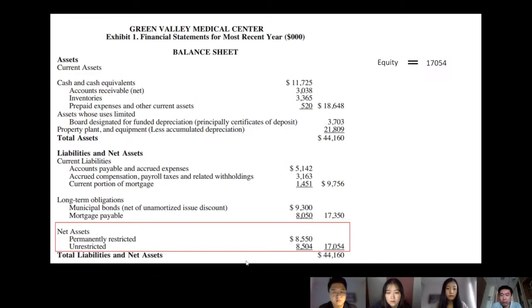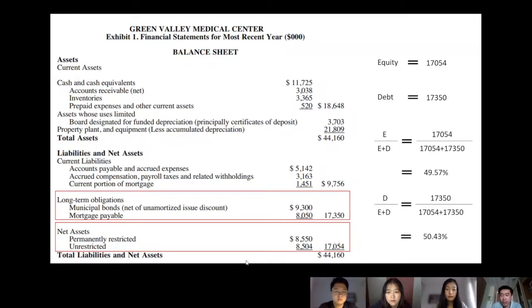Debt is raised when a company borrows funds from another party. This debt is to be paid back at a future date along with the interest amount. So we only use long-term liability as debt. It's 17,350. The equity divided by equity plus debt is 49.57%, and the debt divided by equity plus debt is 50.43%.